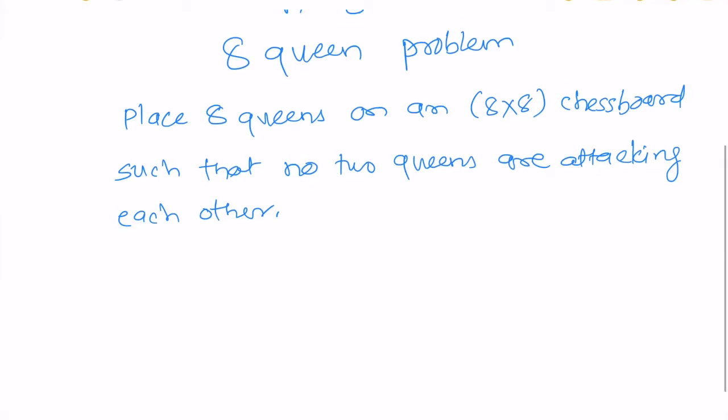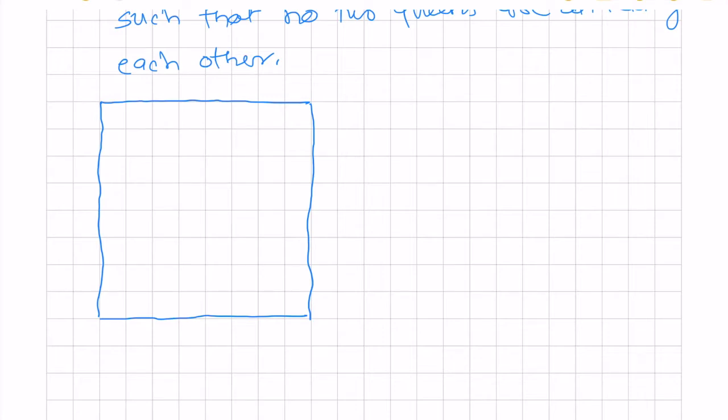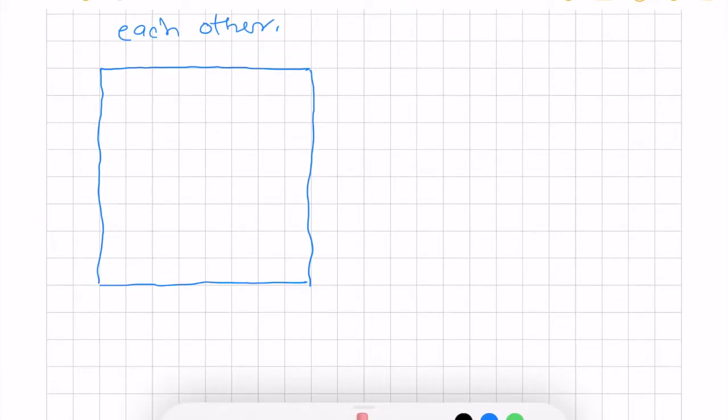So let me draw a chessboard and then try to solve this. This is our chessboard. I'm not going to make the squares black and white because that is irrelevant for understanding the problem. One more important thing to know is that in chess, when we place a queen, say I place this queen here, it attacks any piece in the same row.